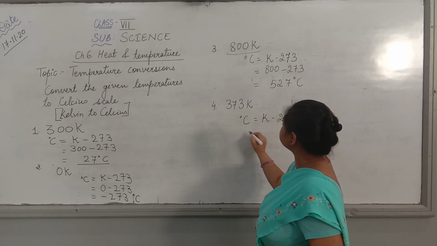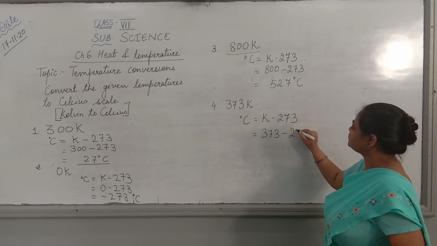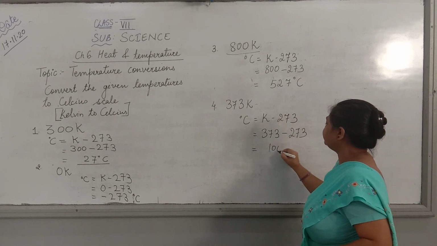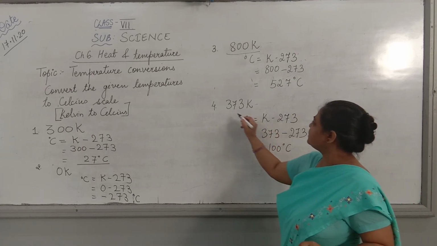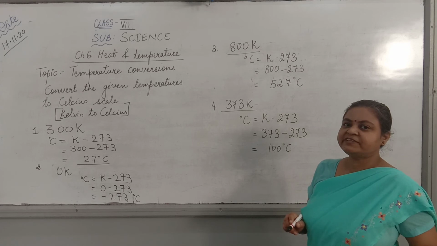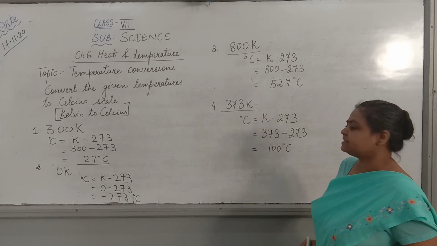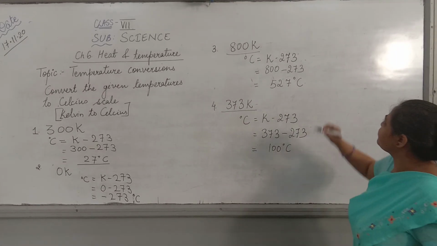The given temperature is 373 Kelvin. Subtract 273 from it. You will get 100 degree Celsius. So, we can say that boiling point of water in Kelvin scale is 373 Kelvin and in Celsius is 100 degree Celsius. Let's take one more.